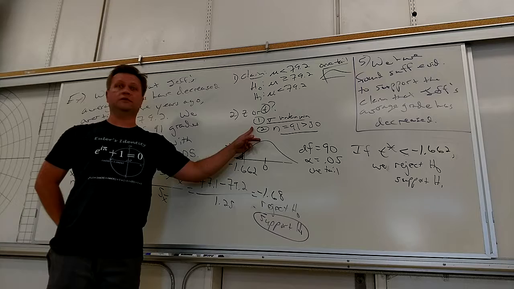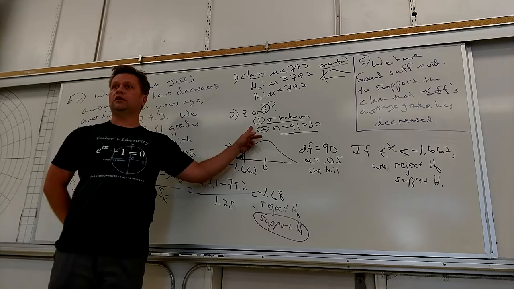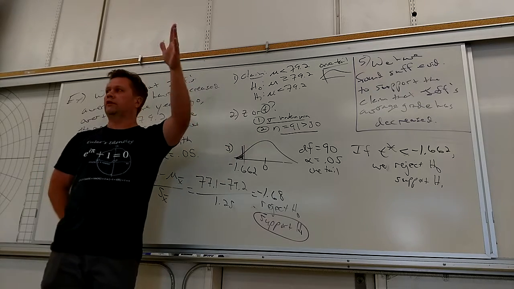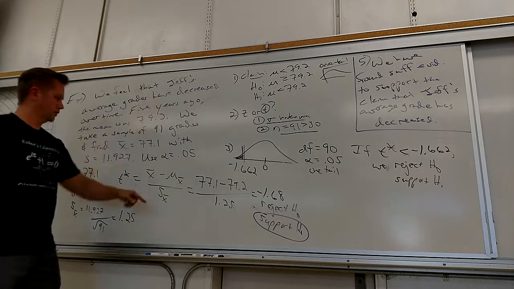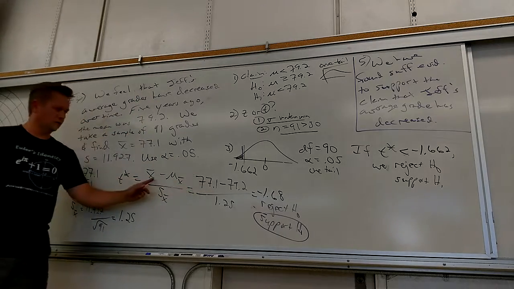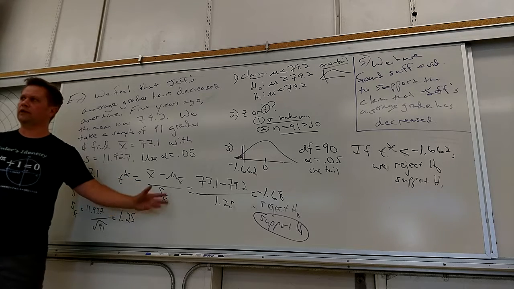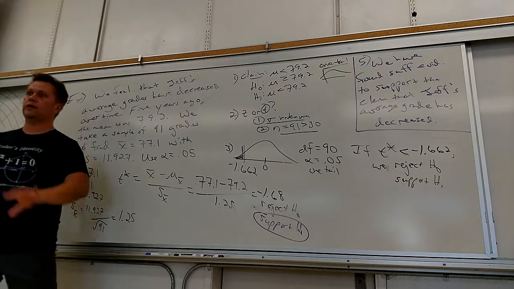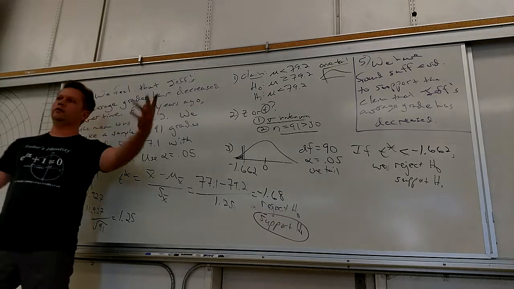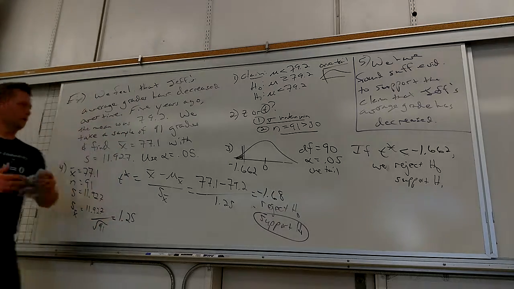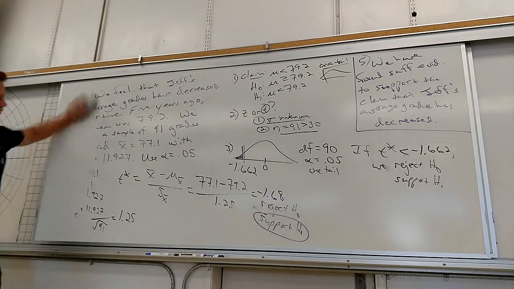I have to check that np and nq are greater than 5. And then what's going to change on this step? I'm going to have to use p-hat minus p over the square root of pq over n. It's got its own z-score formula because it's got its own spread and all that kind of stuff. Okay, so let's try it out.